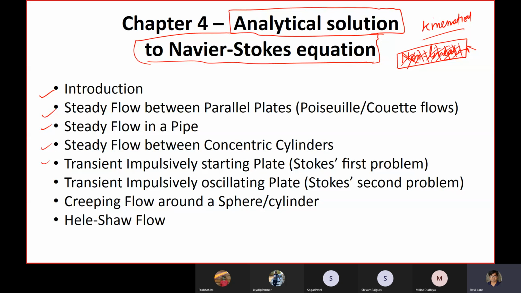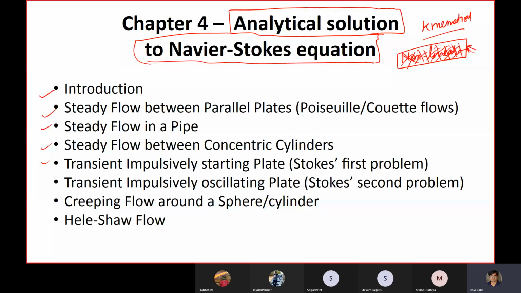But in this particular course we are going to seek the analytical solution by hand, and we'll see how beautiful this looks when we solve the reduced Navier-Stokes equation in this chapter.